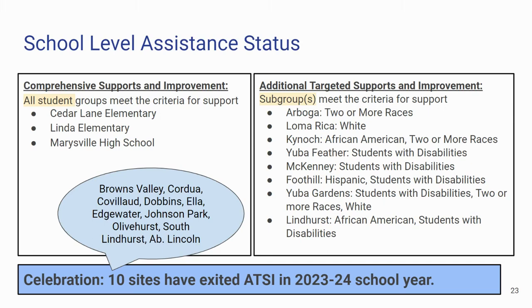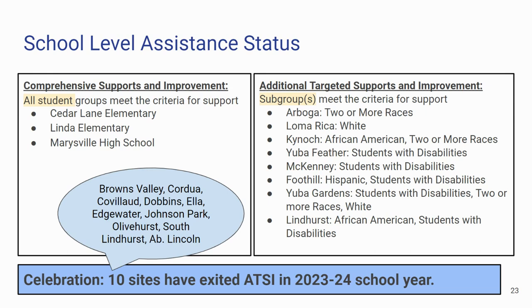Last year, all of MJUSD was in some level of technical support, either CSI or ATSI. In January of this year, MJUSD was notified that we had 10 schools that made sufficient growth and that they were removed from all required technical support, which is a cause for celebration.